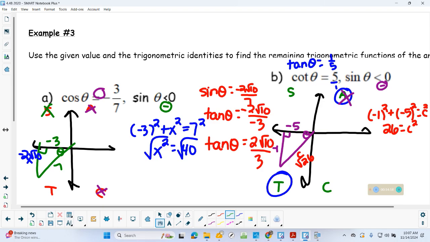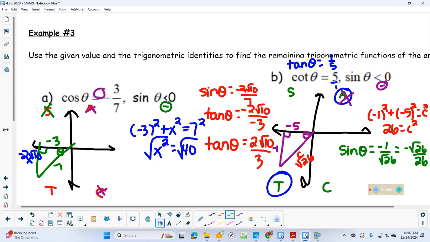Do you guys have room to write still? We have tangent, so let's write sine and cosine. I'm running out of room. Sine is opposite over hypotenuse, and then let's do a little rationalizing on it. I need a bigger board.